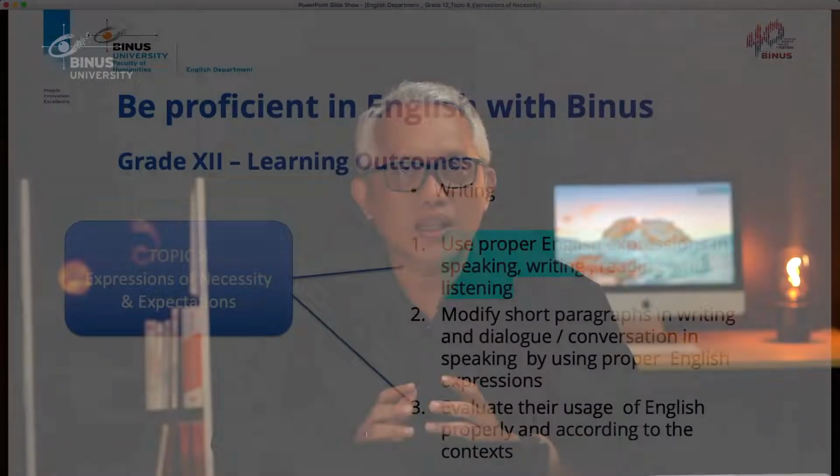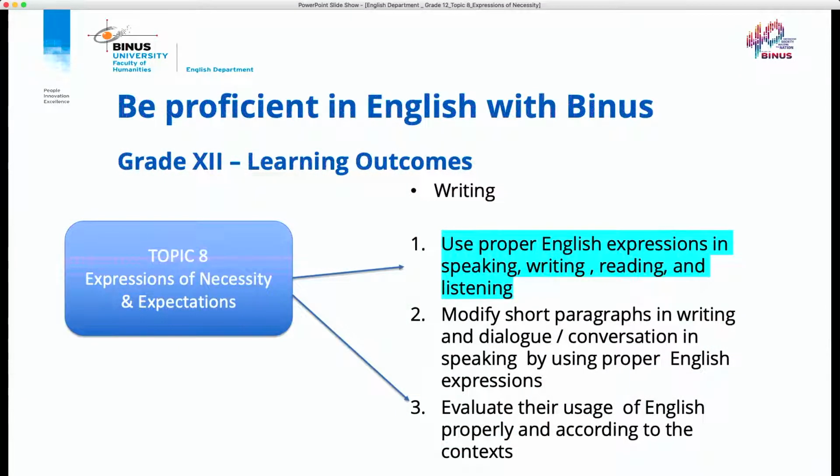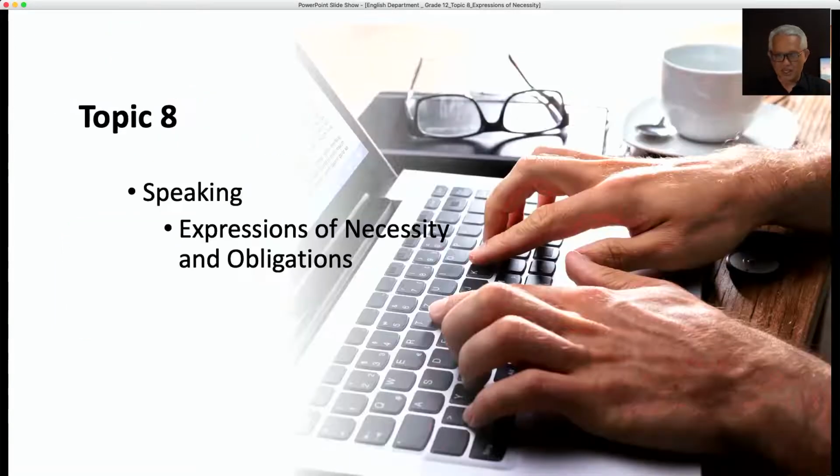Okay, so today's topic, hopefully we'll be able to make you have a better understanding of what proper English you can use in this case, speaking about necessity and obligations, and also to be able to evaluate your use of English this time, and perhaps make your English better in the short future. Okay, so let's begin.